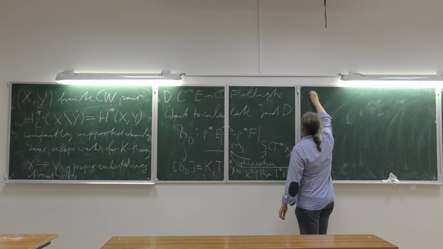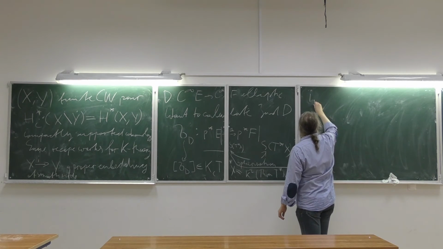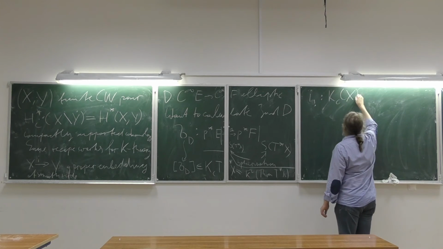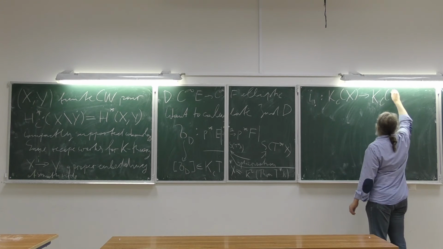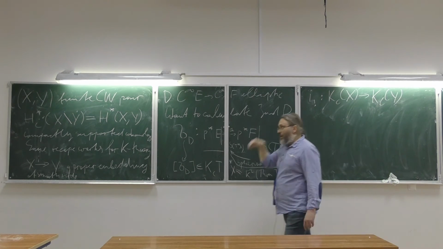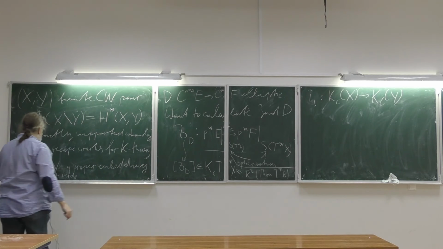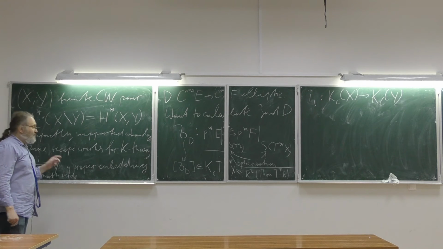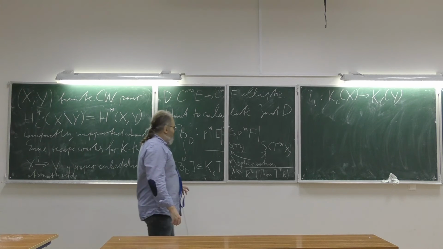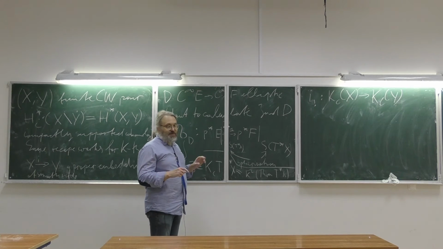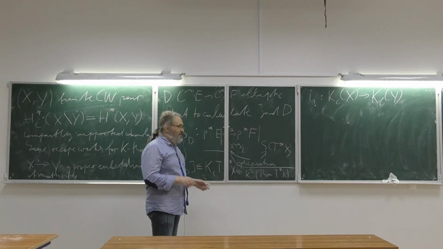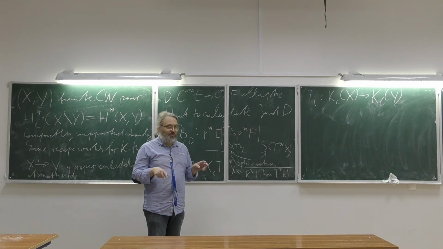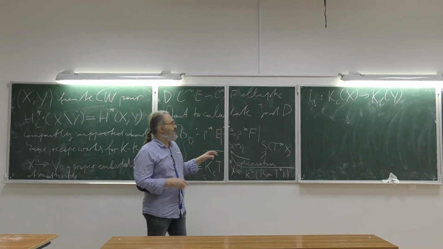I want to define a map, I lower shriek, from the compactly supported K-theory of X to the compactly supported K-theory of Y. Let's just remember this expression, compactly supported K-theory. So far, it may sound mysterious, but we'll talk about it in more detail later on.